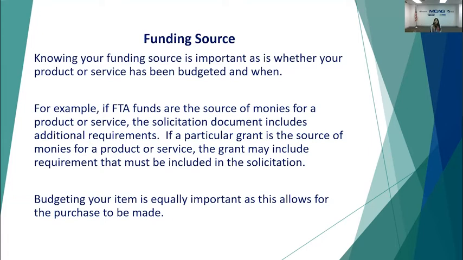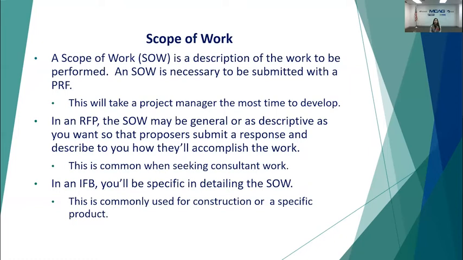So budgeting your items is equally as important because this allows the purchase to be made. It is important that the money that you are using for the product or service has been budgeted. Otherwise, if it hasn't, there's an extra step you would need to take in order for you to proceed with procuring.